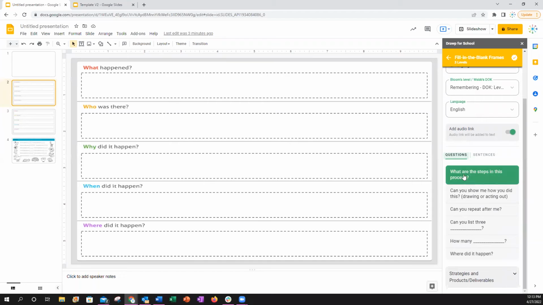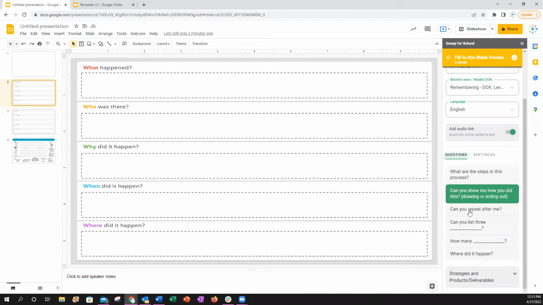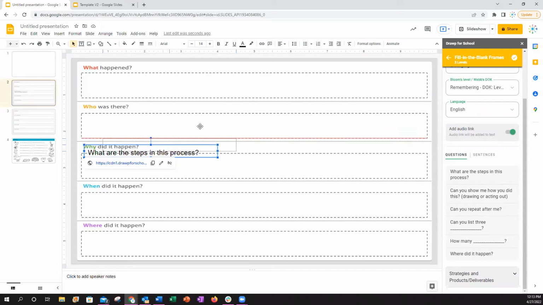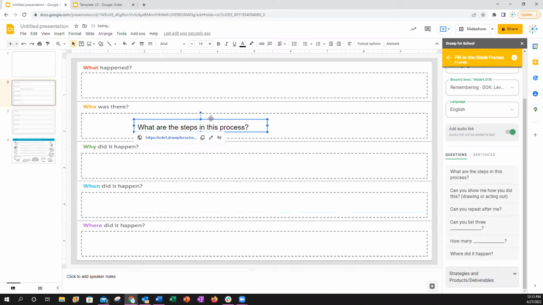So here are your question frames. We'll just take the first one here. What are the steps in this process? And as you mouse over them, you'll see that it turns green. You click on it and it adds it to your slide. And if you will notice, underneath here is a link.